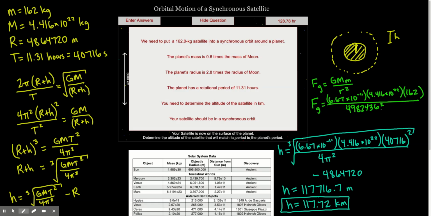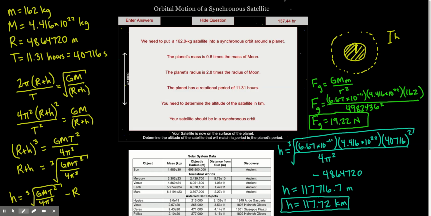So if I take 6.67 e negative 11, all right, I get the force of gravity to be 19.2. So I have my two answers.